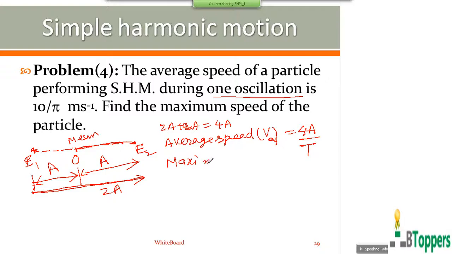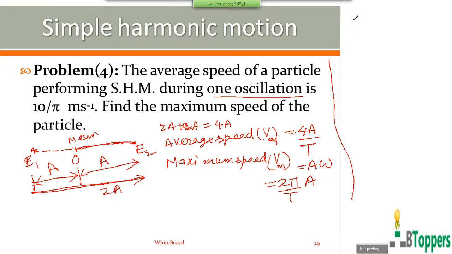The maximum speed, denoted by V subscript M, is the magnitude of velocity at the center of oscillation, which is given by A into omega. Now omega can be written as 2 pi by capital T.